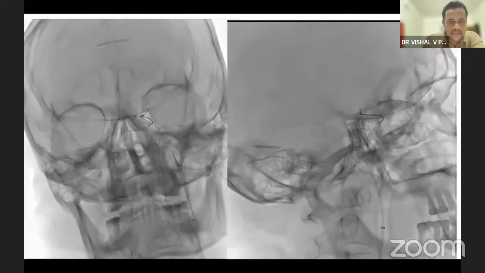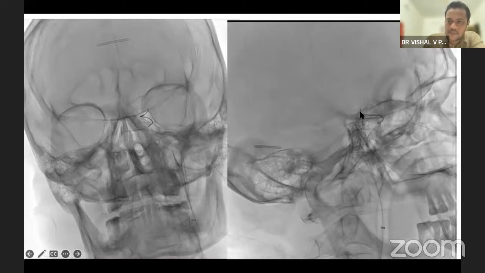So we have the tandem occlusion, and then we took the React and microwire and microcatheter together, and we were able to negotiate the React here.